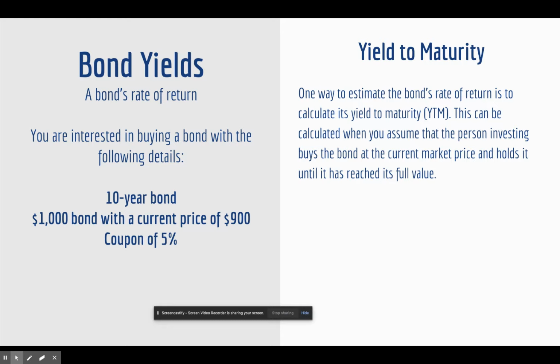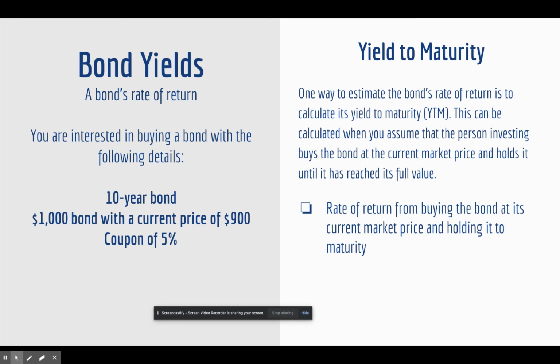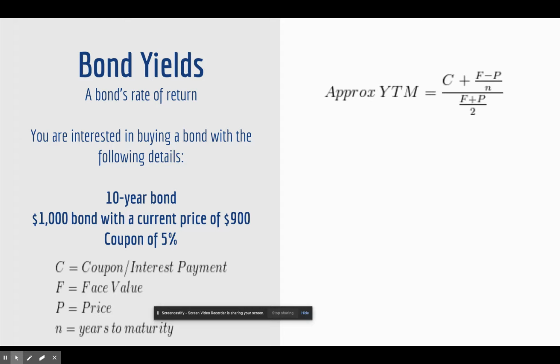So my bond is not priced at or above par value. So let's think about the rate of return from buying the bond at its current market price and holding to maturity. We can also think about it as the average annual interest rate with your gain or loss earned from a bond.